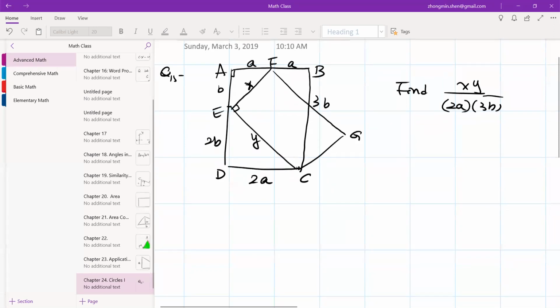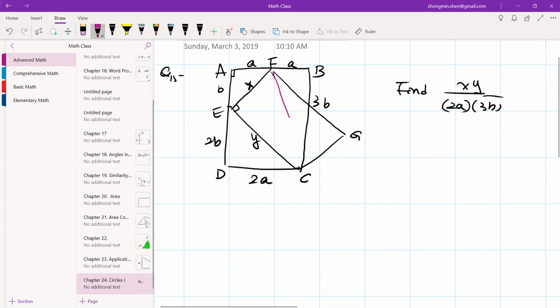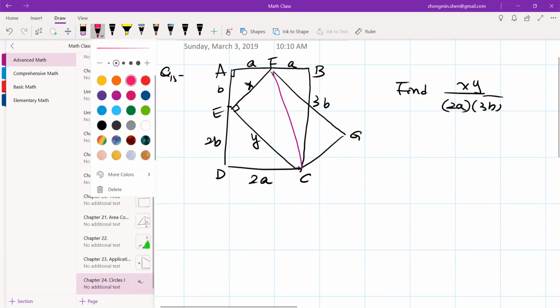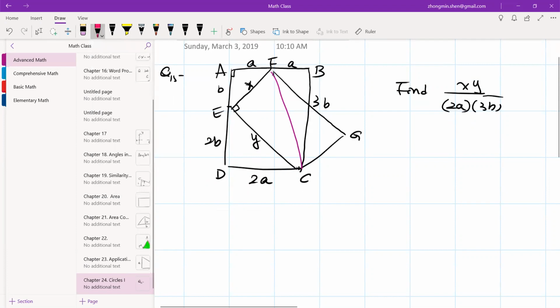So what we are trying to do is use the Pythagorean theorem to get a relationship between A and B. If you find A and B, then it's okay. So this is the line I'm going to use.